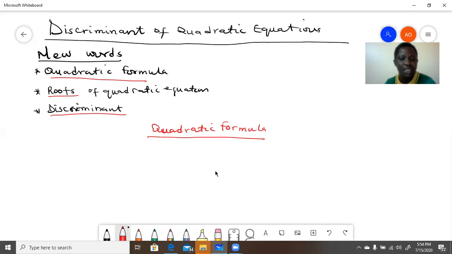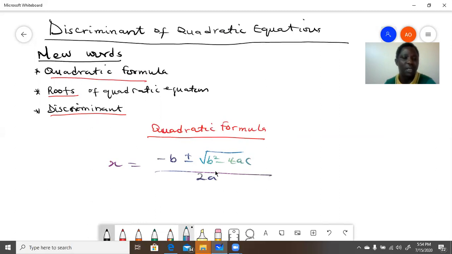Generally, the quadratic formula is given as x equals minus b plus or minus the square root of b squared minus 4ac, all over 2a. This is called the quadratic formula.